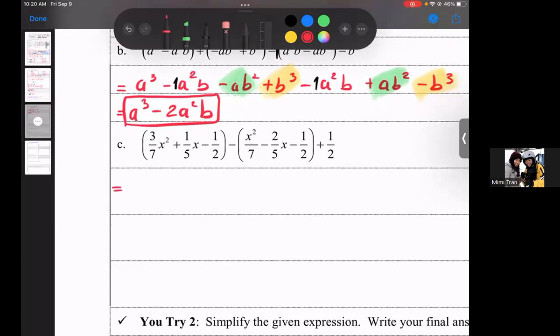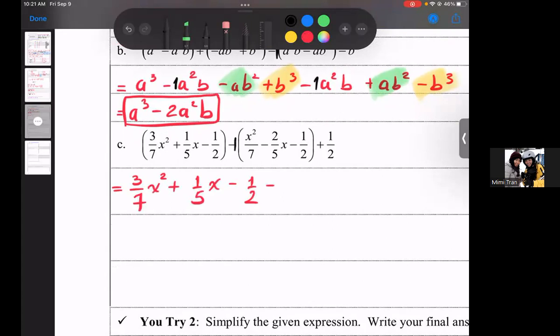So let's agree together to write it in one style. For my style, I'll write like this: 3/7 x squared plus 1/5 x minus 1/2. Again, there's a -1 here. You're gonna change the sign inside the parentheses.